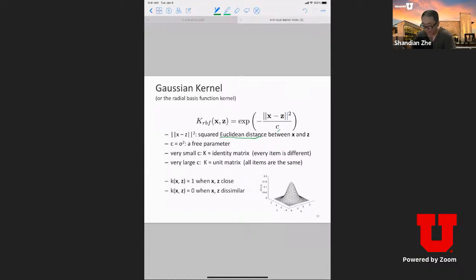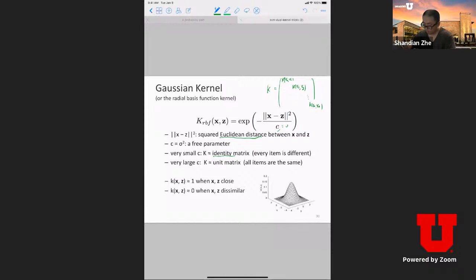So we can see that if you choose c to be very small, then your kernel matrix will be close to an identity matrix. Why? Because if you write down a kernel matrix, the diagonal elements will be k(x1, x1), k(x2, x2), until k(xn, xn).